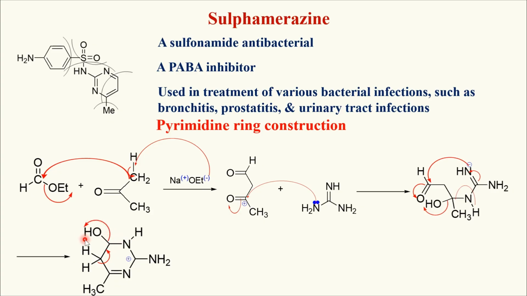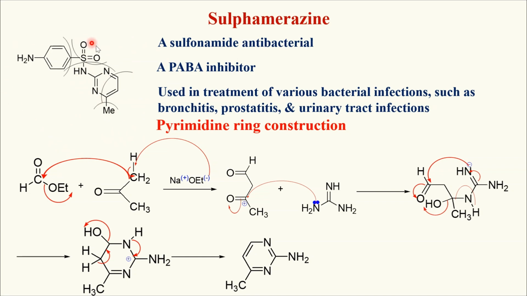This is lost as OH minus, combines with this H plus and is lost as a water molecule. To satisfy this positive center, the nitrogen-hydrogen bond breaks, and those electrons are utilized to satisfy this positive center, and aromatization has occurred to give the 2-amino 4-methyl pyrimidine ring system. We have constructed the 2-amino 4-methyl pyrimidine ring of this sulfamerazine.